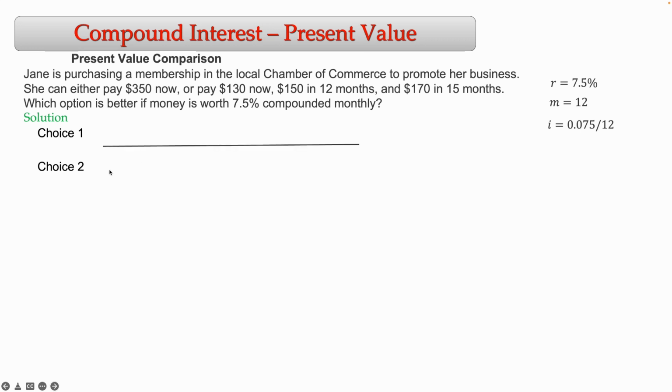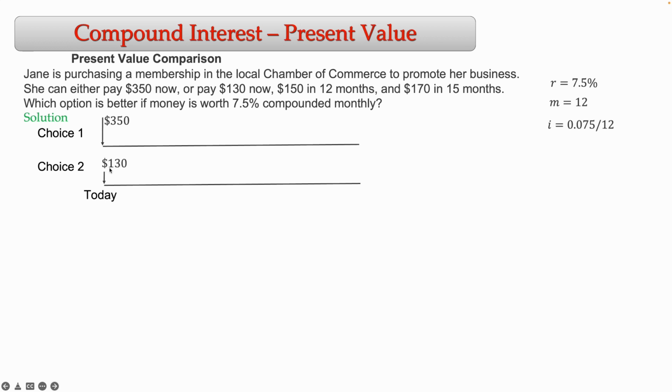The solution will be thinking of choice 1 and choice 2. Both have a timeline. For both there is a today. In the first one, you are paying $350 now, and you don't need to pay more. In the second choice, you are paying $130 now.